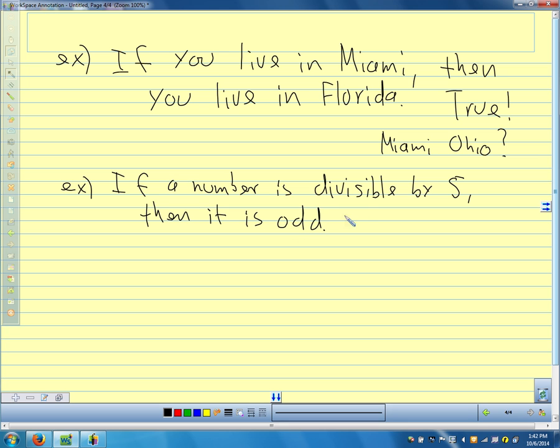False? What would be a counterexample to this? 10. Others? 20, 30, 40? Any of those would be a counterexample. These numbers are even, but they are divisible by 5. So that would be a counterexample.